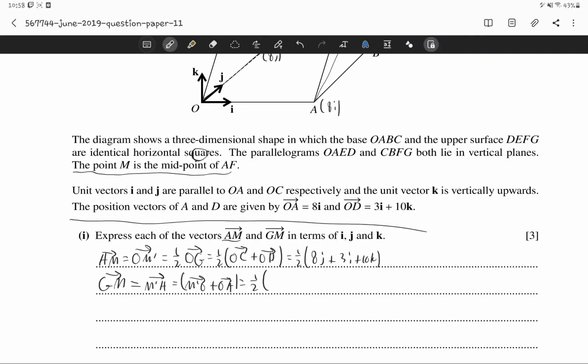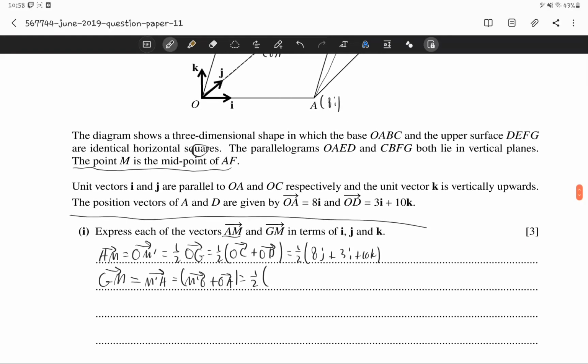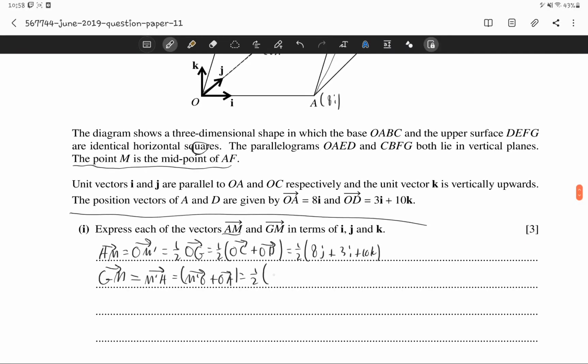Okay, doing math mentally is pretty hard because I don't want to write stuff down. What is it? Oh, did it. 15i minus 8j minus 10k.